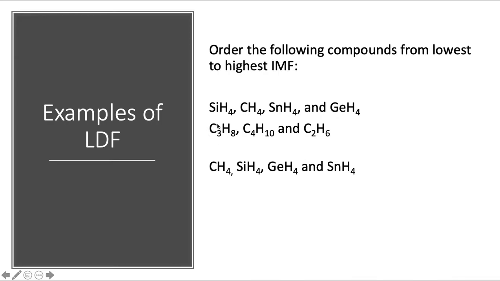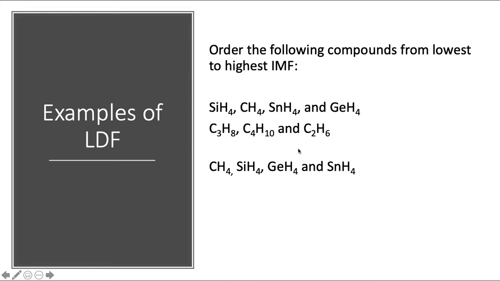So it's not going to be the size of the element that's going to make a difference, because all of them have carbon, all of them have hydrogen. But what's going to be the deciding factor here is the size of the molecule. I have the same type of elements, but I only have two carbons here, three carbons here, and four carbons here. I have 6 hydrogens, 8 hydrogens, and 10 hydrogens.